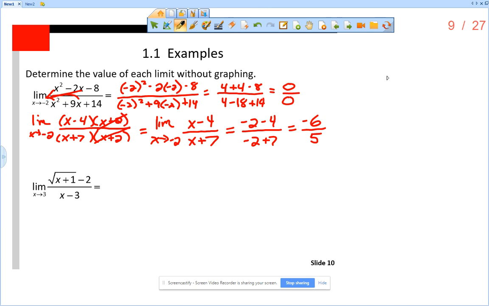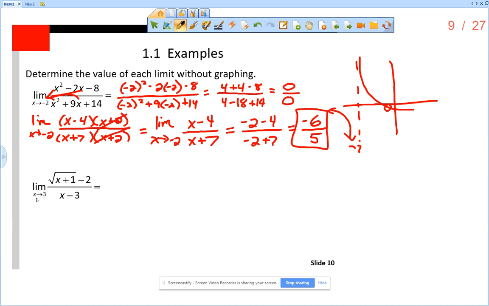Now, you could graph on your calculator to check this, but basically what we have going on here is a vertical asymptote at -7, and we have a curve over here like this, and a curve over here like this or something, and we would have a hole in the graph at -6/5. So something like this would be our graph. All right, so that is the answer to that limit.